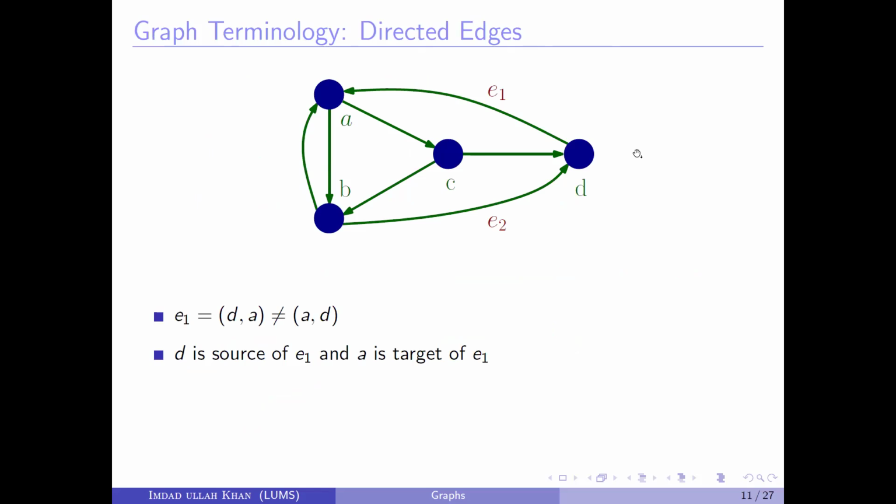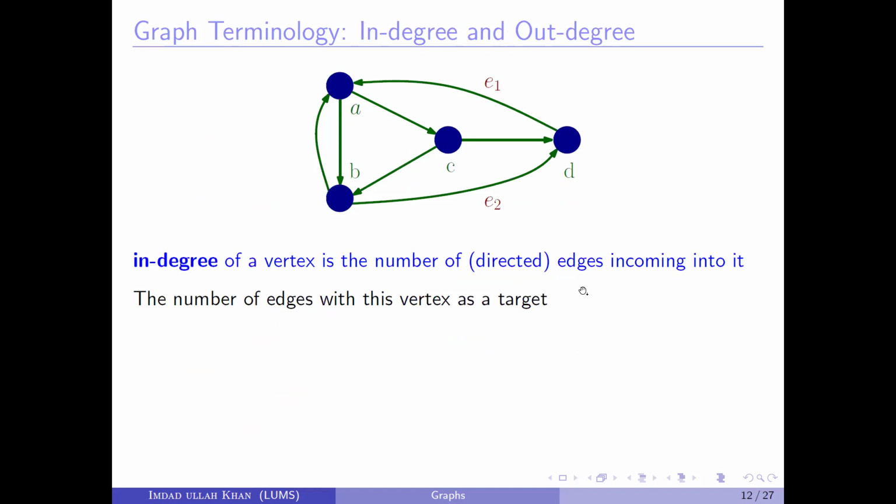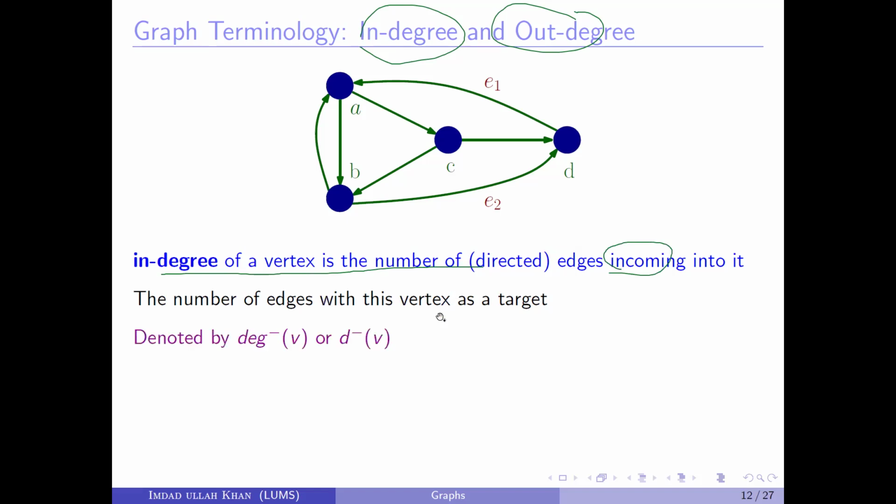We have talked about how each edge is an ordered pair. For directed graphs, we distinguish degree in 2 forms: in degree and out degree. As the name suggests, in degree is the number of edges incoming to that particular vertex, and out degree is the number of edges going out from that particular vertex.